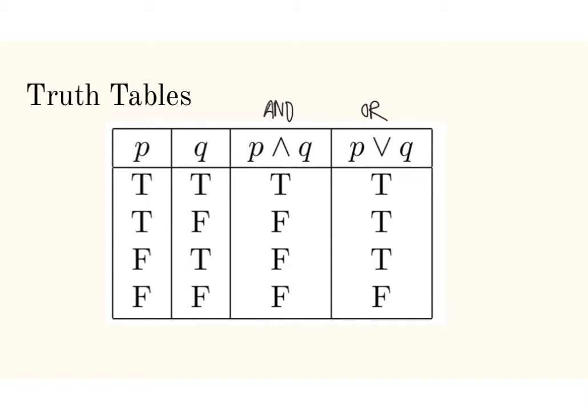In other words, this truth table is telling us when P is true and Q is true, P and Q is true. P or Q is also true.